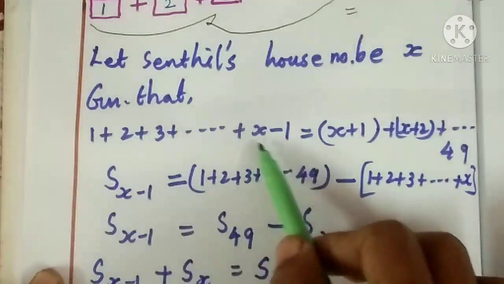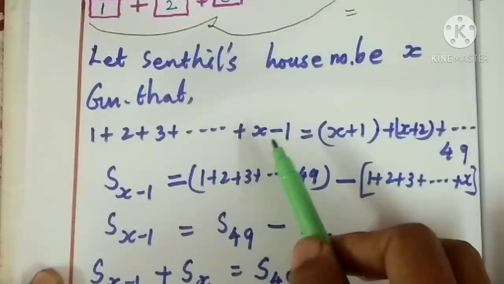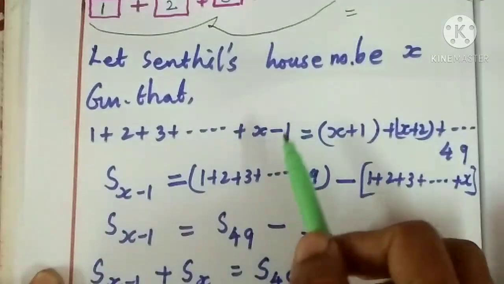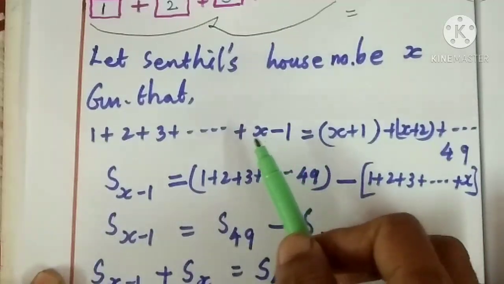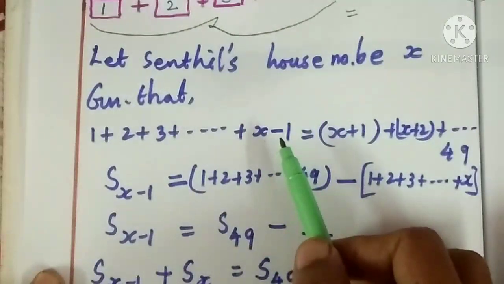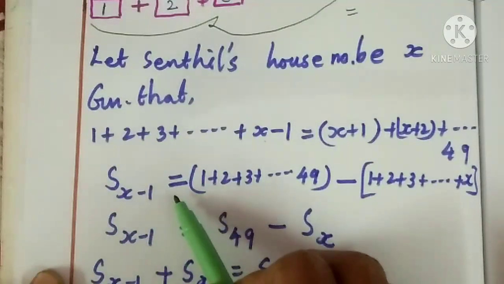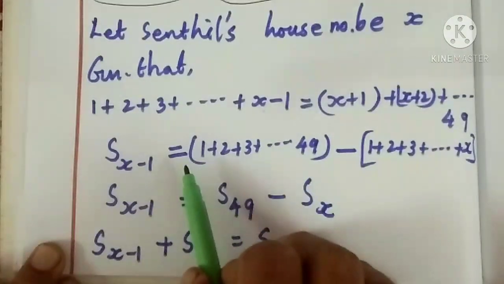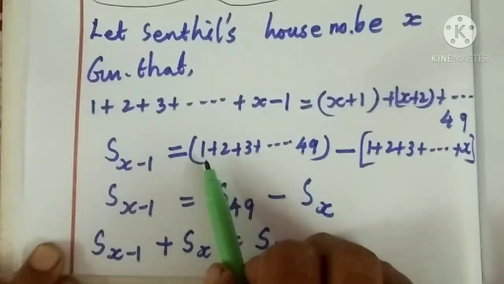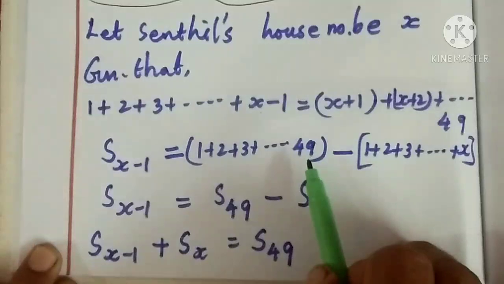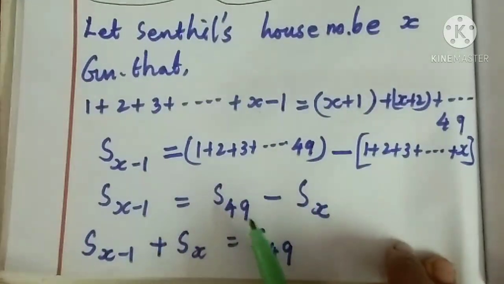Therefore, x minus 1. So this series starts from 1. Therefore, number of terms is also x minus 1 and last term is also x minus 1. Therefore, Sx minus 1 is equal to S49. Here also the series starts from 1, so last term and number of terms are also 49.